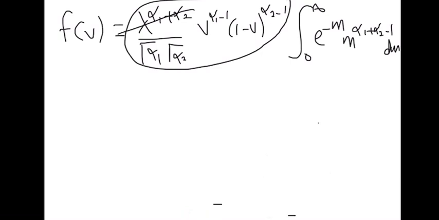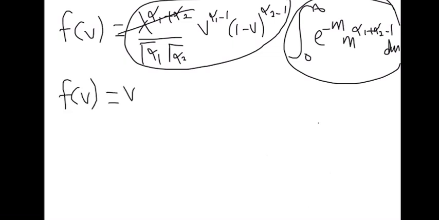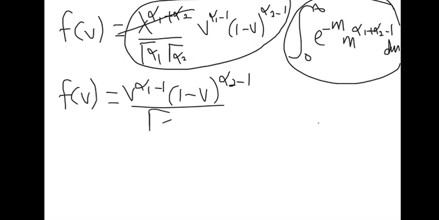Using the gamma function now, can somebody tell me what this guy is going to be? The one in the integral sign. Using the gamma function, that will be gamma what? So let me write what I have now. I have this one here, 1 minus v raised to the power this, divided by gamma alpha 1, gamma alpha 2. So what do I have using the gamma function, the one in the integral?